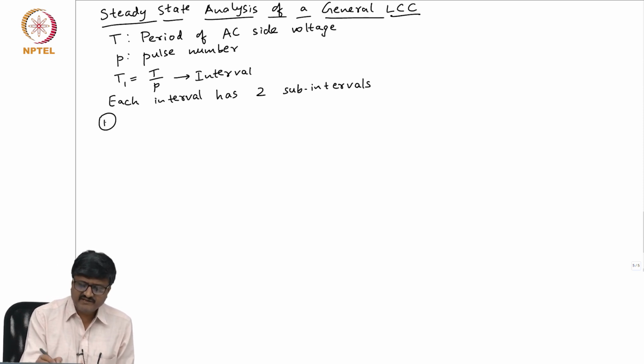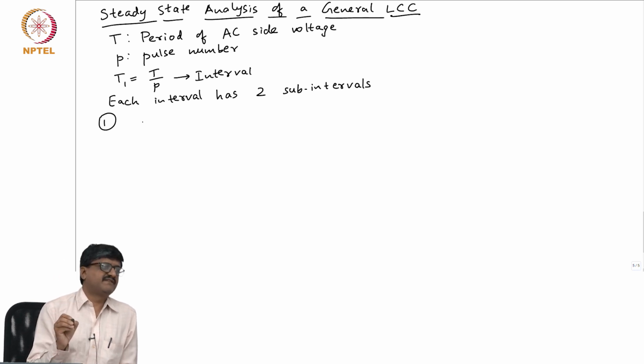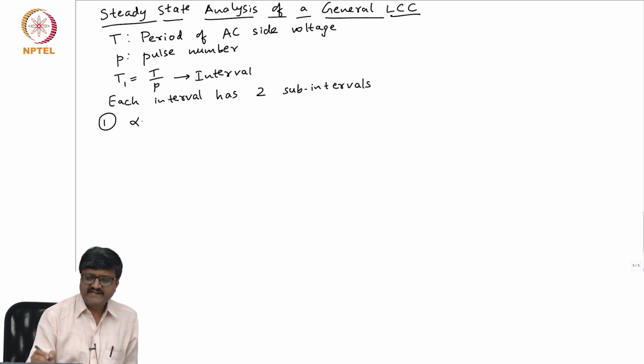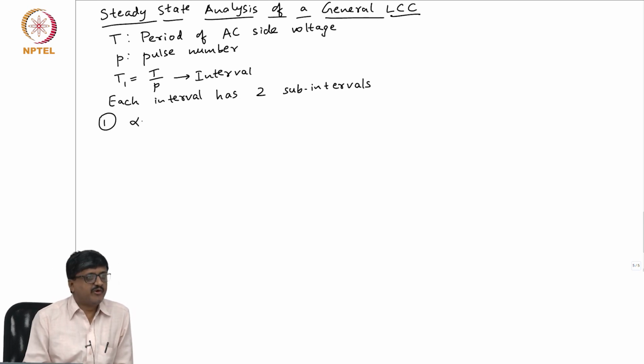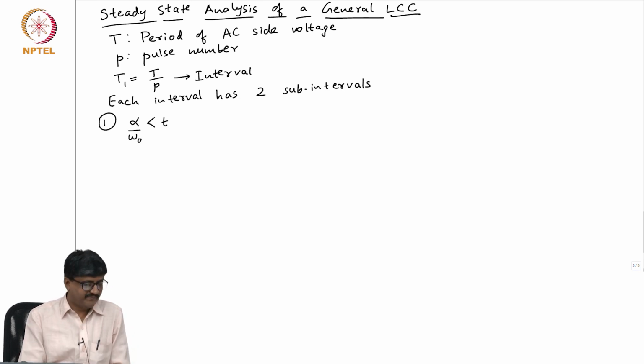Now, the first subinterval, we used to take as starting from alpha. If I take the independent variable as angle, that is omega o t, then it is alpha. If I take time, then it is alpha by omega o.